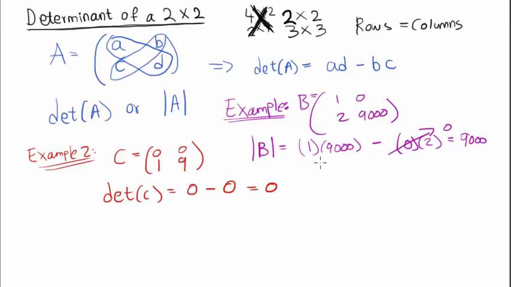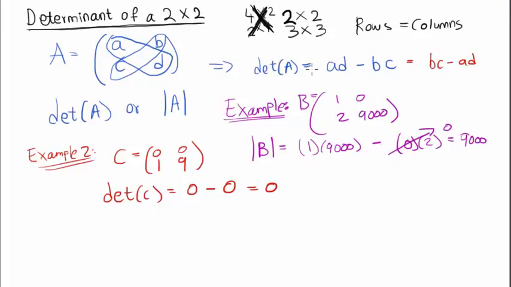Don't confuse the order, okay? Sometimes I've seen people do bc minus ad, which only works in a special case, like when both values are the same, as in the determinant of C, where you get 0 anyways. Don't forget the order.